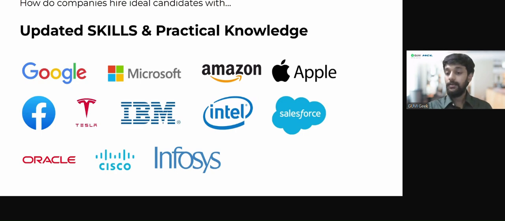A lot of people don't know what type of skills are required. Yes, the awareness problem is there, but still I'm asking how companies hire. Interviews, a test, they follow an interview process. I just want everyone to open up here. What is the system that they follow to hire an ideal candidate?